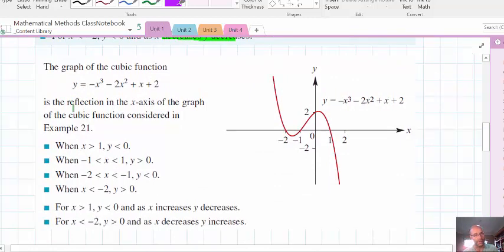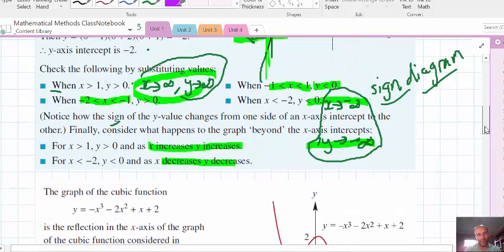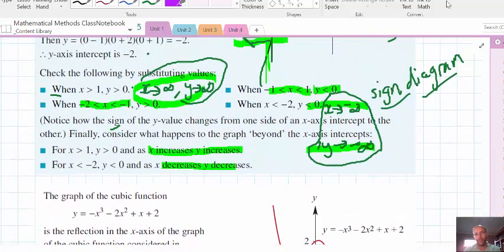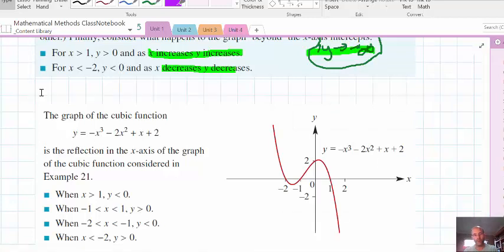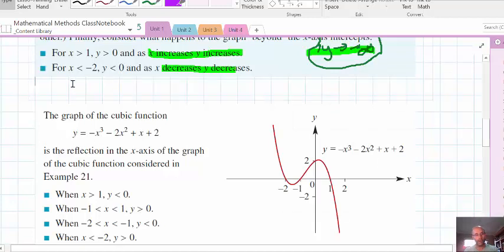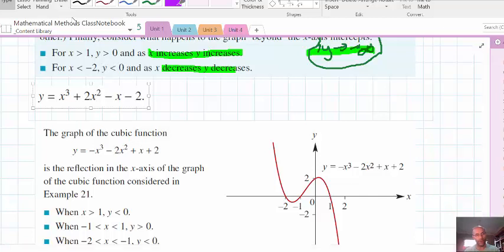The graph of the cubic function here is a reflection of the one we saw above. This is because if we expanded that, we would get that there, and we have a reflection because all of the terms are multiplied by -1.